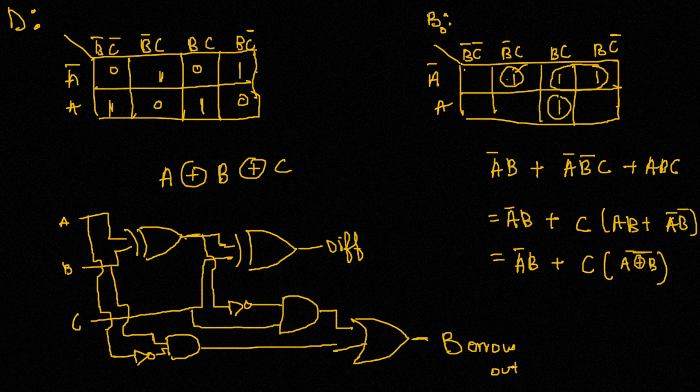So far we have seen how we can add two binary inputs, add three binary inputs, subtract two binary inputs, and then subtract three binary inputs. So now we'll have a look at multiplexer and demultiplexer. So multiplexer in short is written as MUX.